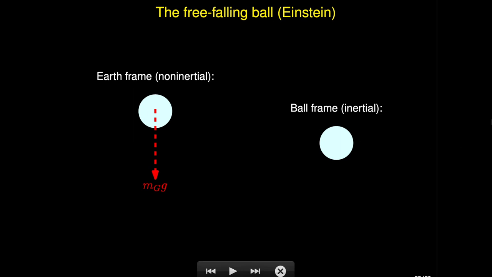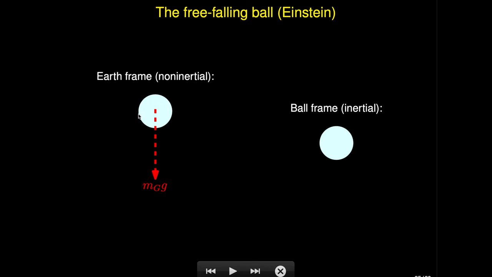What he was saying is, in Newton's theory, you've got inertial and non-inertial the wrong way around. It's actually the frame where you're free falling that is inertial. In that frame, there are no forces. And the frame where you're not free falling, but just standing on the earth, is the non-inertial frame.